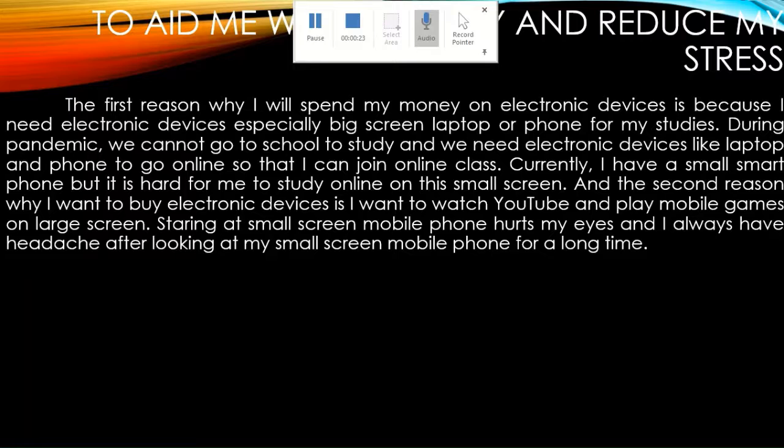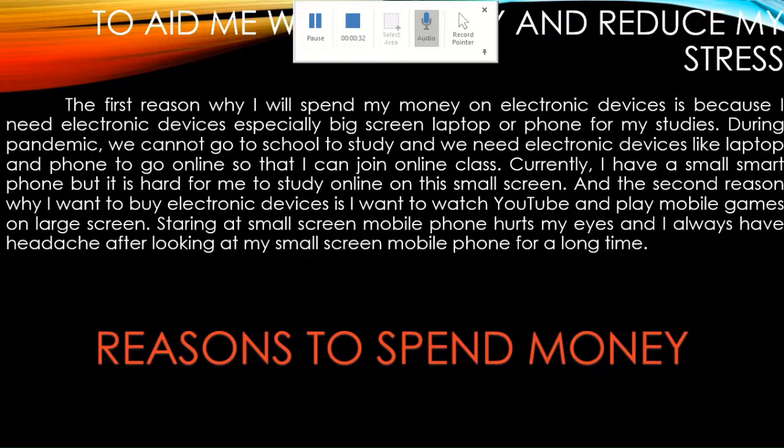Since this is an objective-based task, we need to make sure to provide two reasons for our choice. So make sure that this paragraph has at least two reasons.